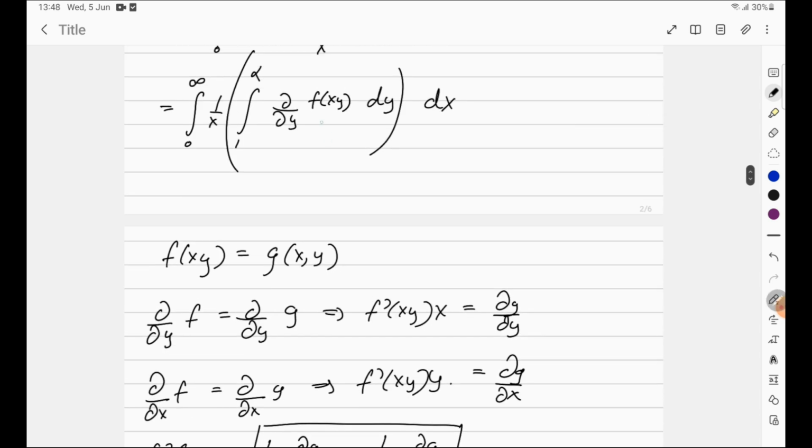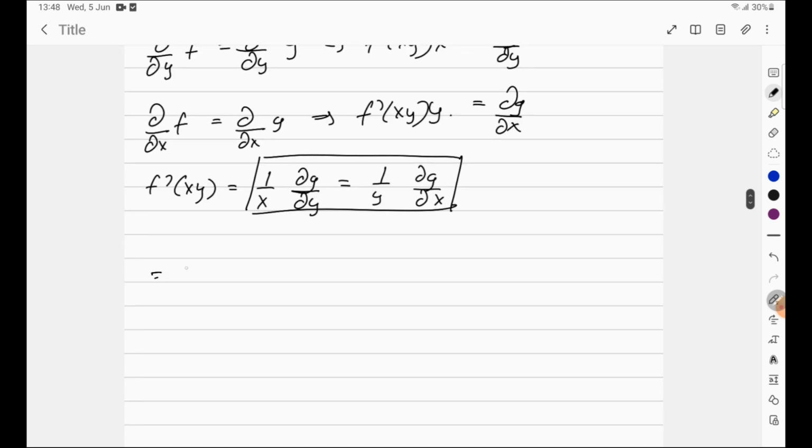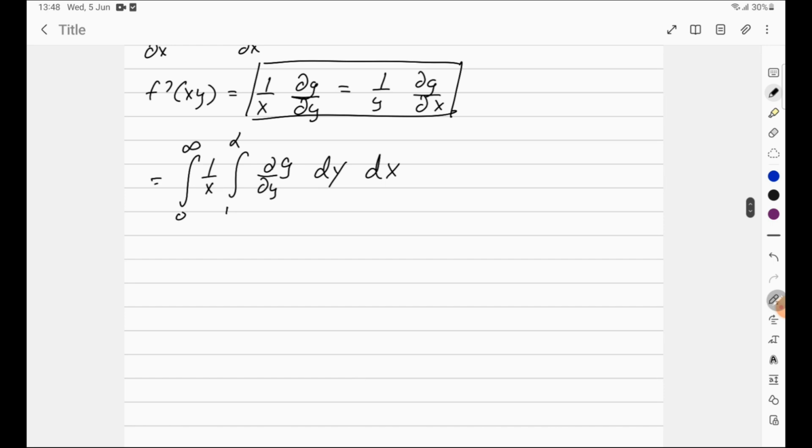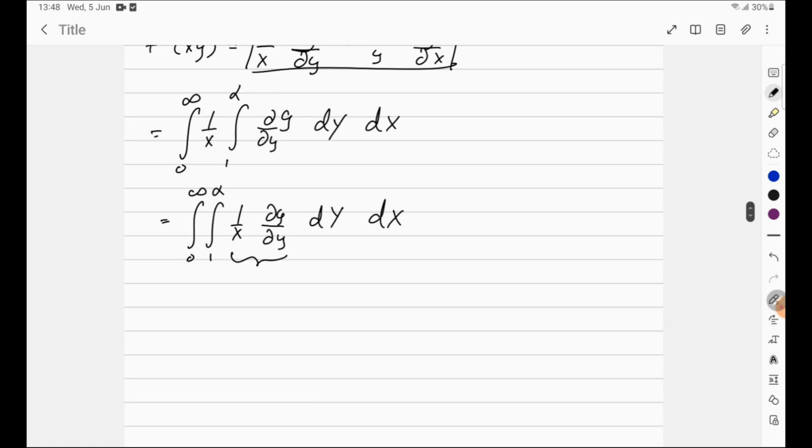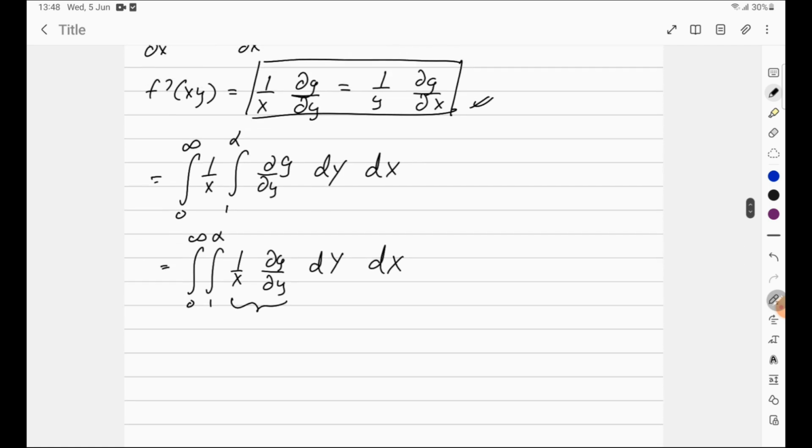Okay, but how am I going to use this? For starters, I'll substitute f of xy as g. So that becomes 0 to infinity, 1 over x, 1 to alpha, del g over del y, dy, dx. Now I can substitute using this.